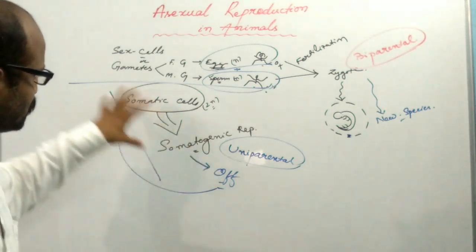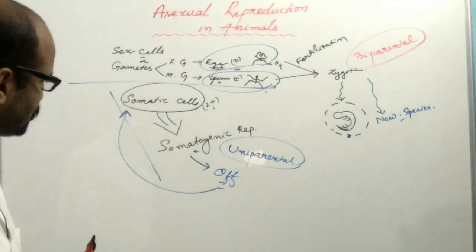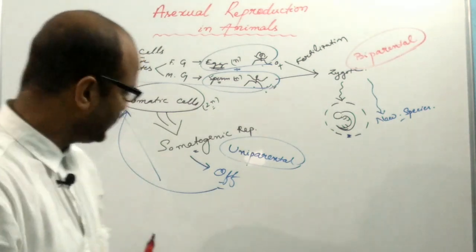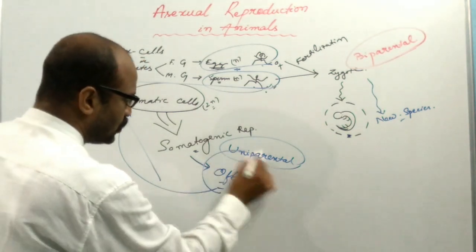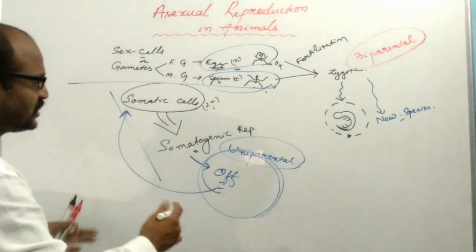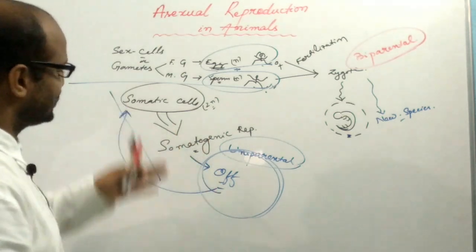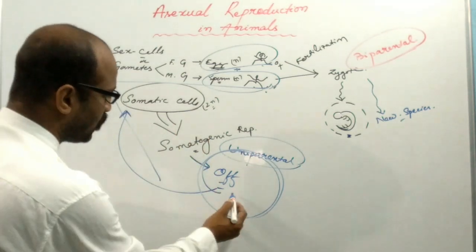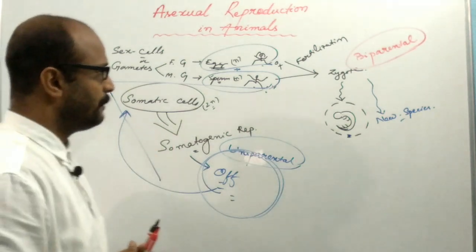So in other words, you can say the offsprings produced from asexual reproduction are the clones of the parents.